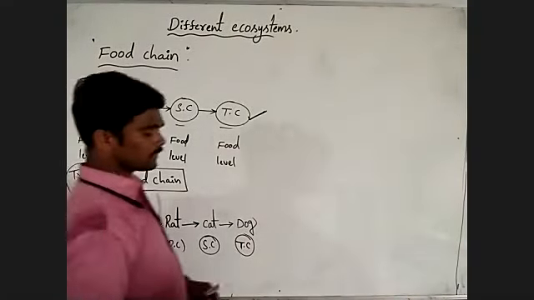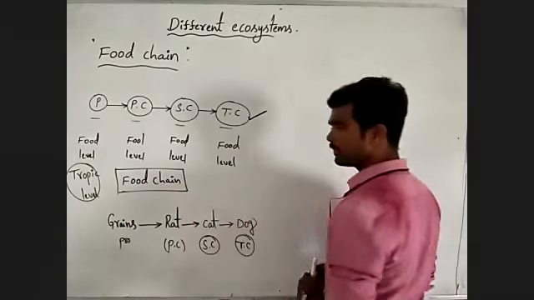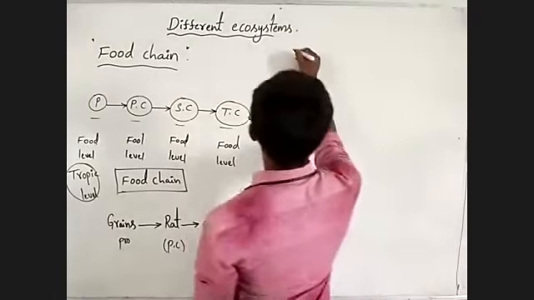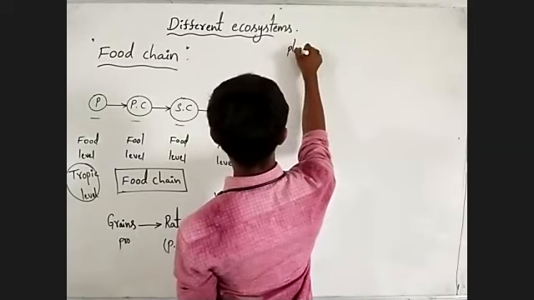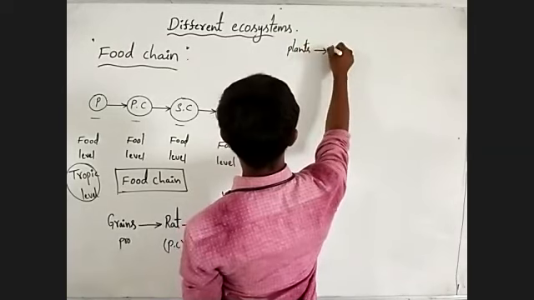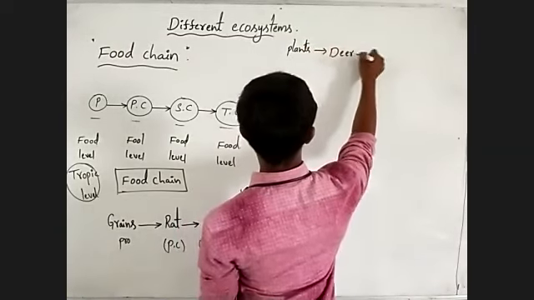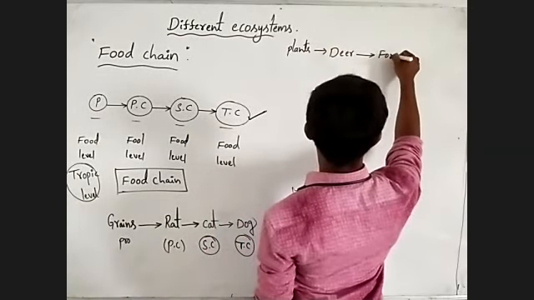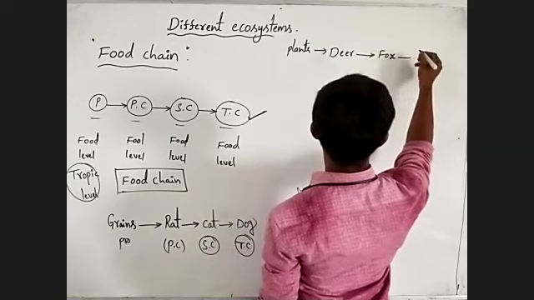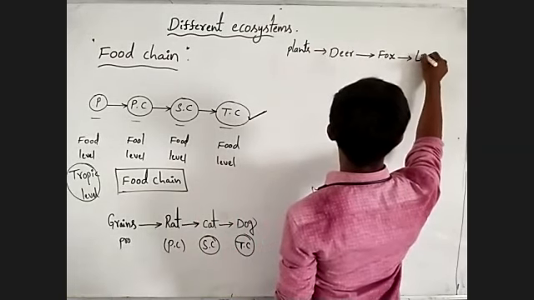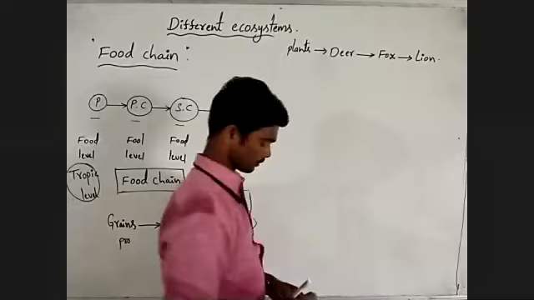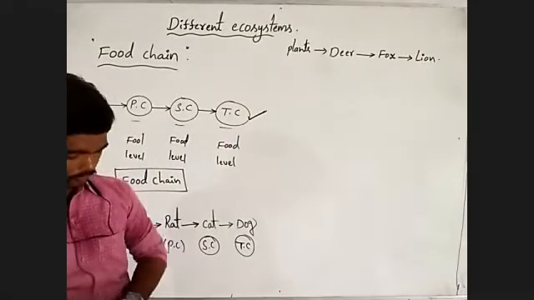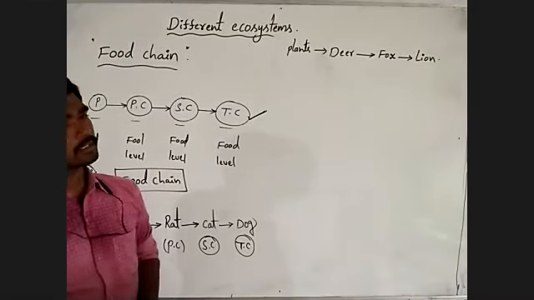Like this, there are different types of food chains in different types of ecosystems. For example, plants, deer, fox, lion. Okay.